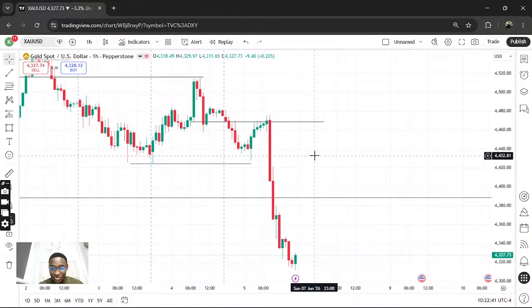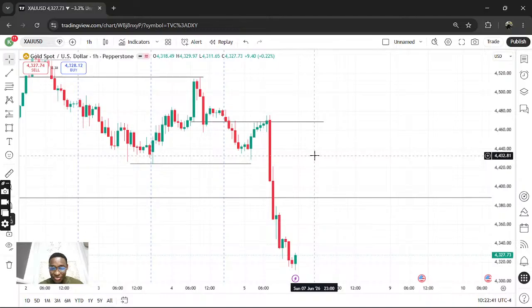Okay, now having said all about gold, let's look at GBPUSD. If you have any particular chart that you want us to analyze, just let me know.